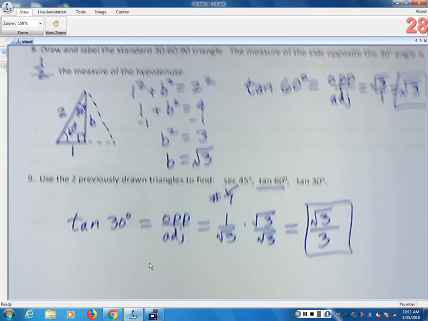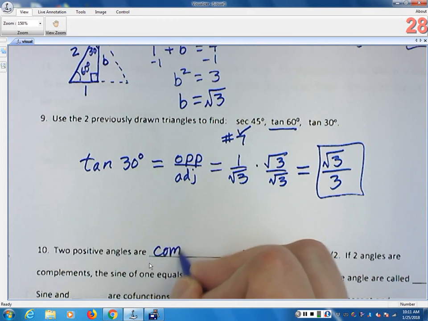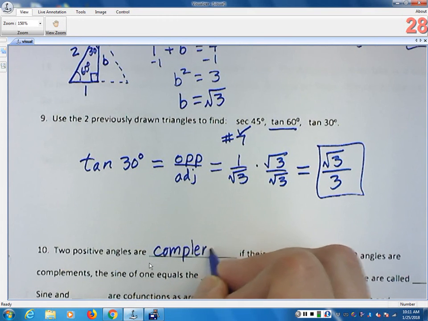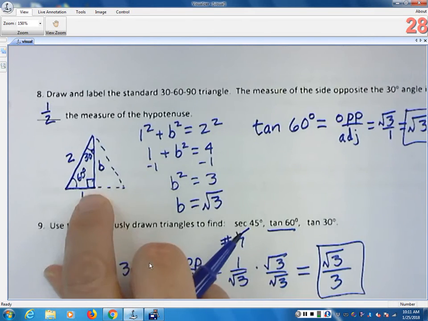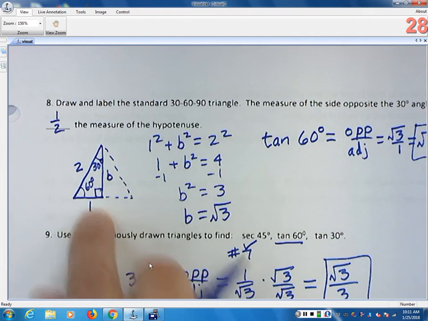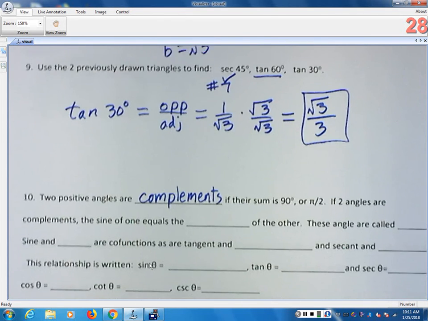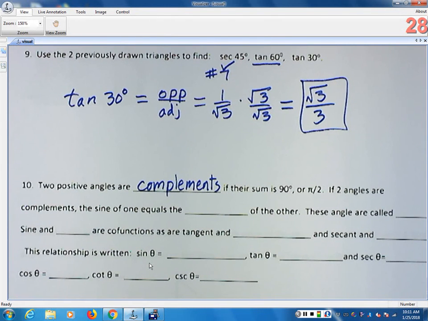Okay? Two positive angles are complements. This is a standard 30, 60, 90 triangle. You need to memorize that one and memorize the 45. And if you know the unit circle, just multiply by 2 for those.